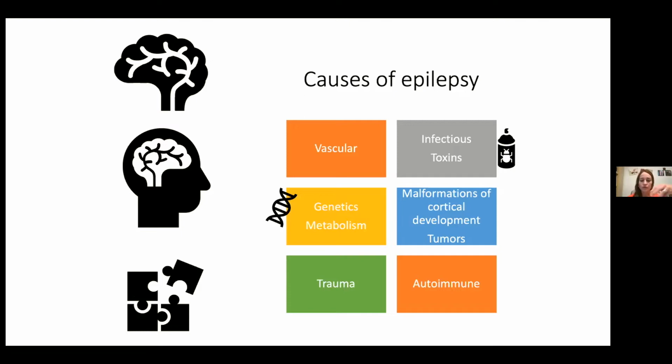So there's genetic reasons, or metabolism, abnormal metabolism, trauma, infectious, toxins, malformations of cortical development, tumors, autoimmune conditions. And so treatment for autoimmune conditions may be a combination of steroids and autoimmune therapy, along with seizure medications.